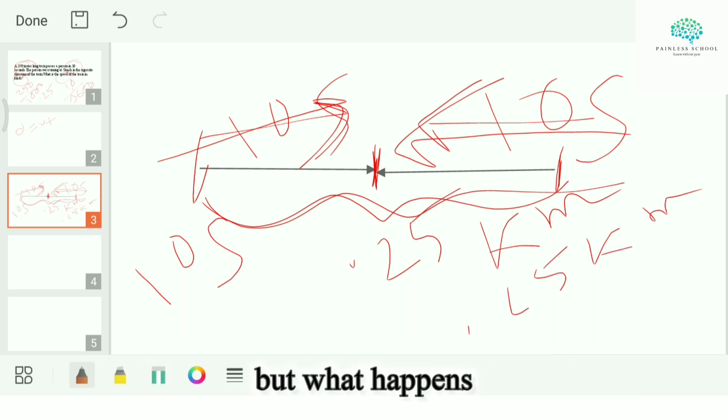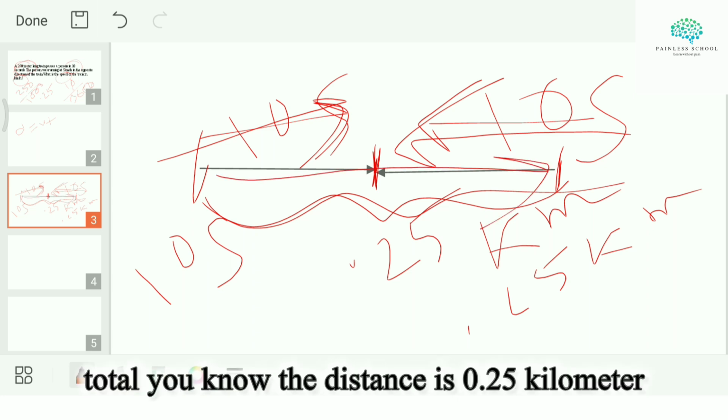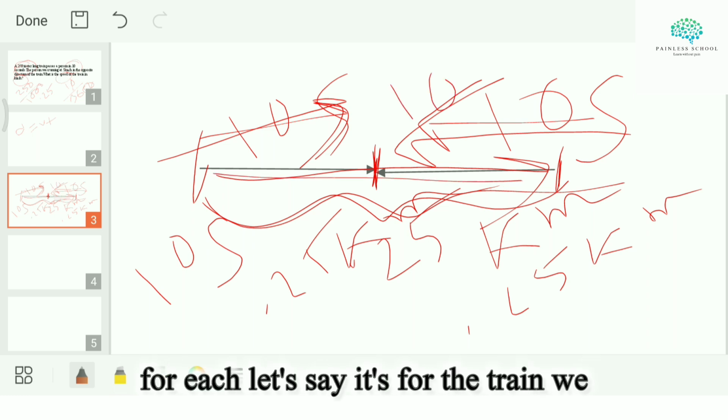But what happens if we take the total direction, the distance is 0.25 kilometer. We have 10 seconds for each.